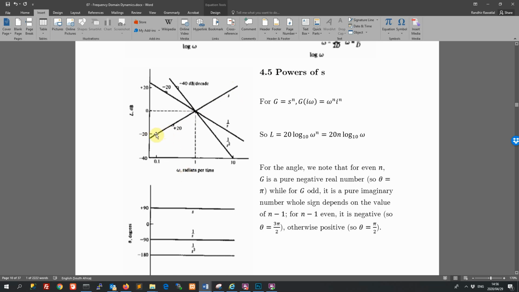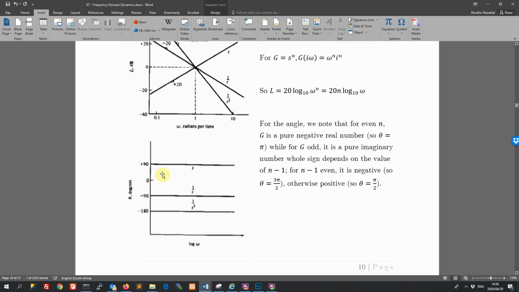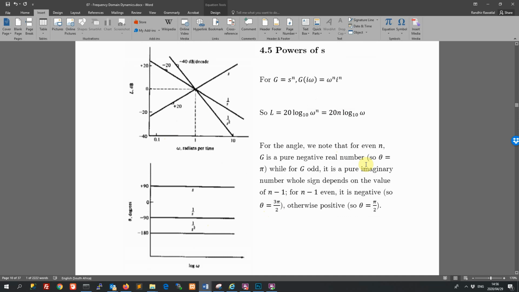As n changes, the angle will change, but with respect to omega, it's a constant, right? So that's what we get in that case. Here is shown for n is minus 2, minus 1, 0, 1, 2. But of course you can look at in-between values as well.